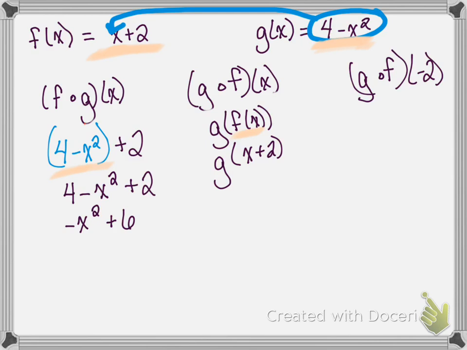So I'm going to have 4 minus X plus 2 squared. Now, that sometimes can be a problem for students. You see that minus? We can't distribute that minus until after we FOIL the x plus 2.